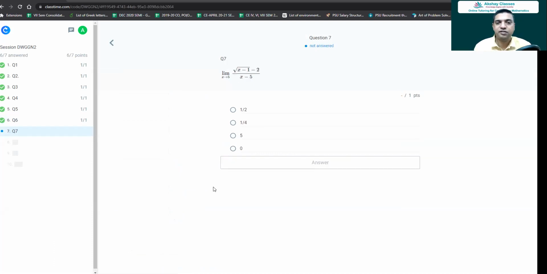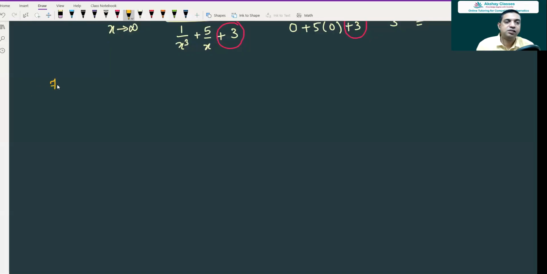Now it's an under root. Limit x tending to 5, under root of x minus 1 minus 2 upon x minus 5.